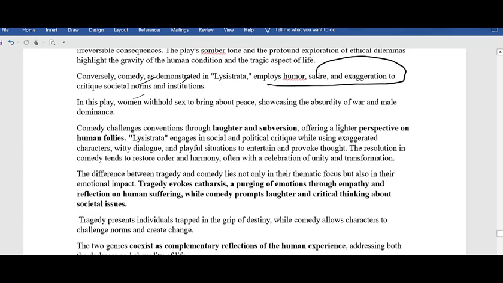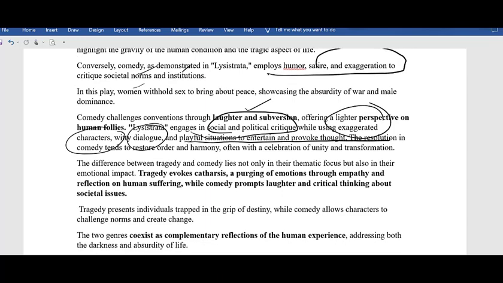So comedy challenges the conventions of a human life, of everyday normal life, through laughter and through subversion. Comedy provides a perspective of human follies, and Lysistrata engages in social and political critique, while using exaggerated characters, witty dialogues, and playful situations to entertain people.